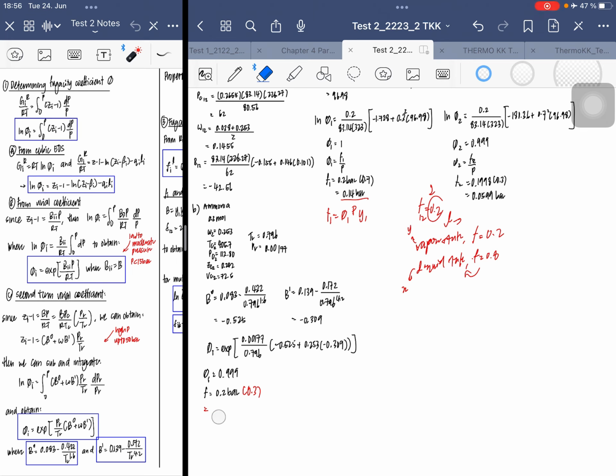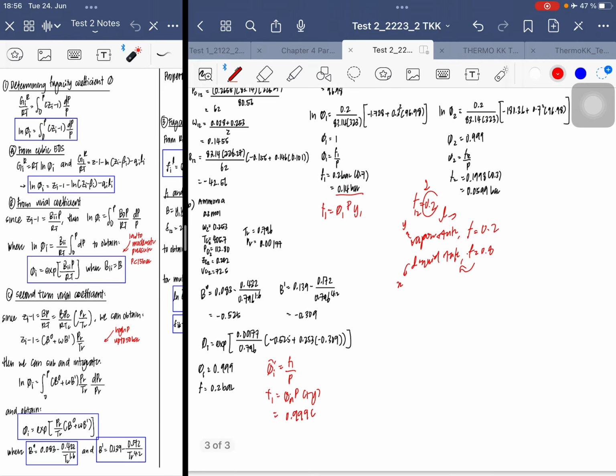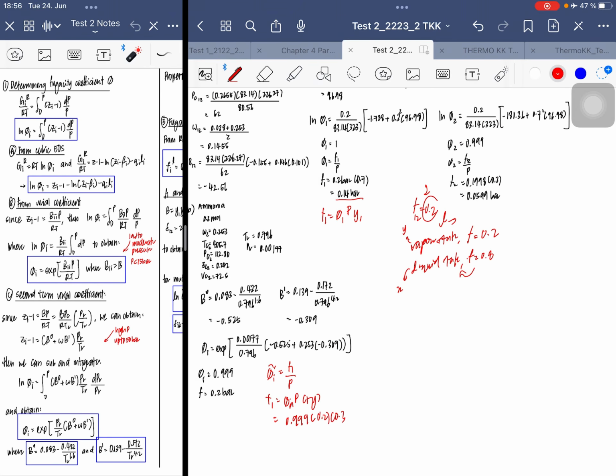Wait, no. If I want to find the fugacity, it's 1 minus y, which is 0.999, times 0.2 times 0.3, so 0.99 times 0.2 times 0.3.